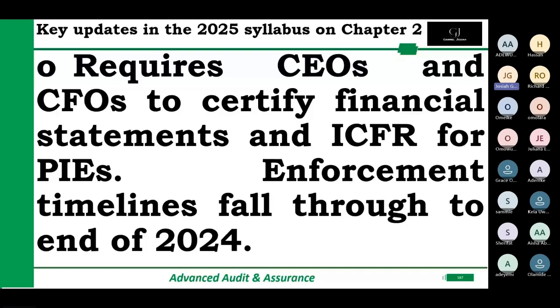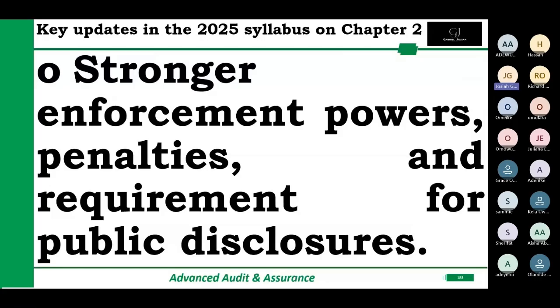So the FRCN has been empowered with stronger enforcement powers, empowered to penalize, and also to request disclosures from companies to the public. So it really has been a dispensation to hold companies and directors responsible to the public.